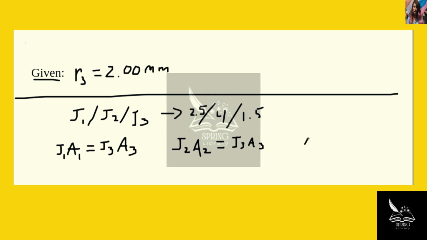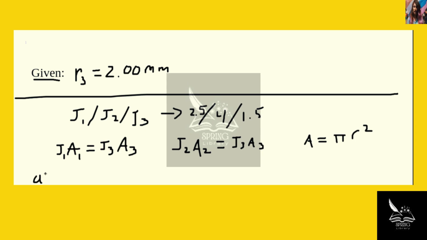And the area here is equal to pi r squared. So therefore, we can use these ratios to get the radii of the first rod and the second rod.